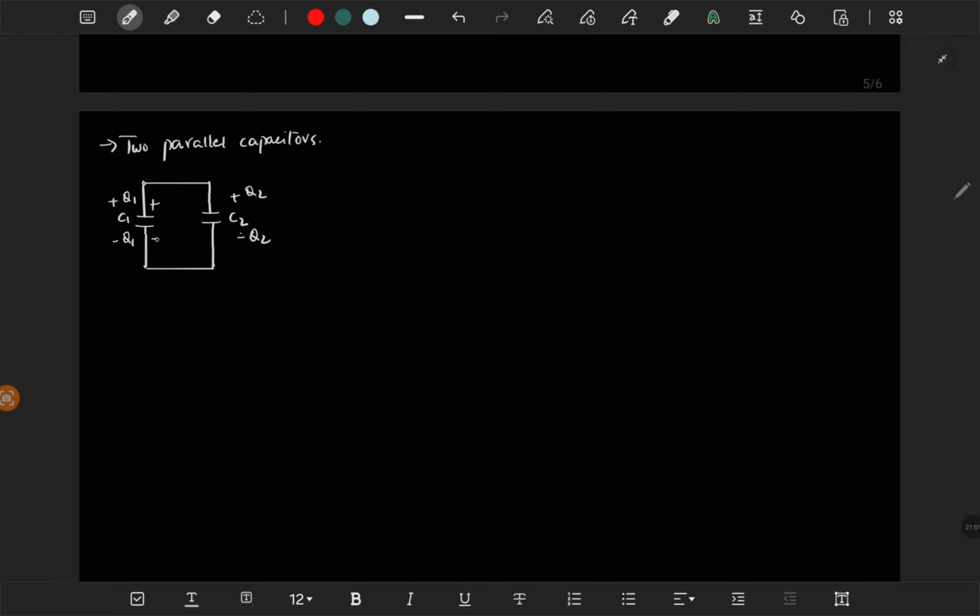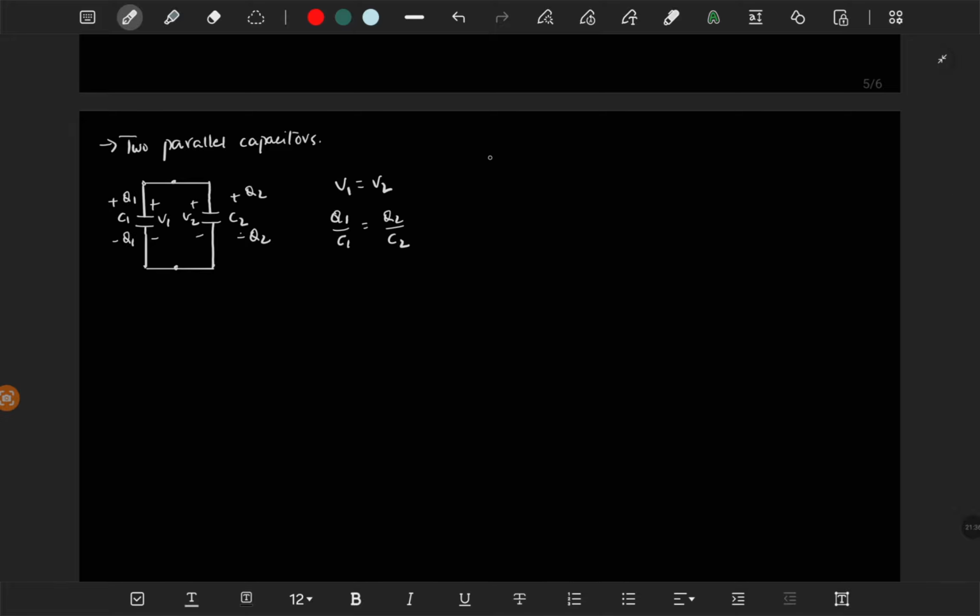Since these two are in parallel, the voltage across both the capacitors is the same. If you say V1 and V2 here, then V1 should be equal to V2. What is V1? V1 in terms of charge and capacitance is Q1 by C1, which is equal to Q2 by C2, right?